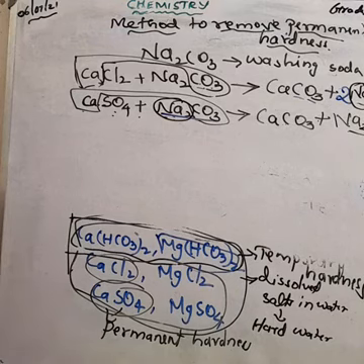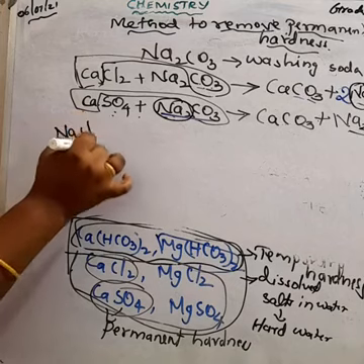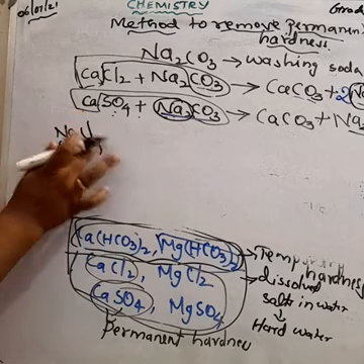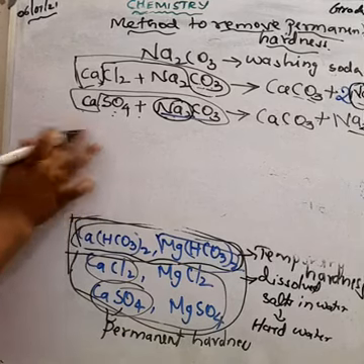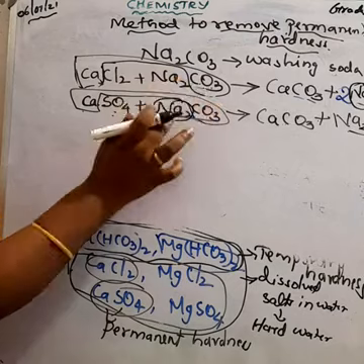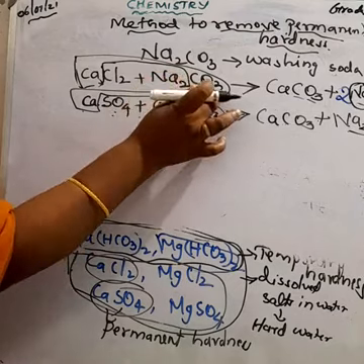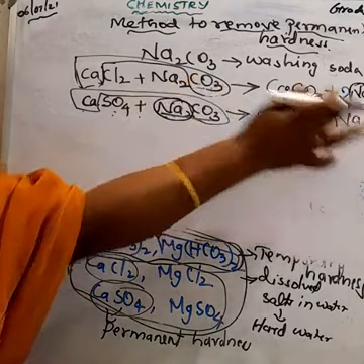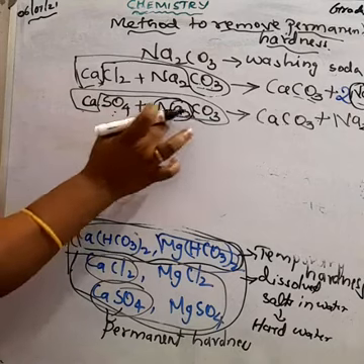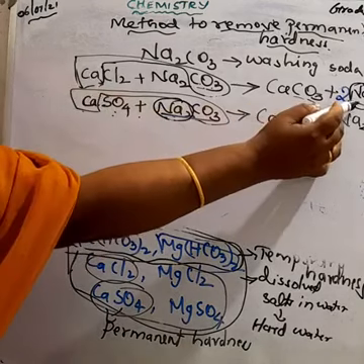The chlorine atom needs only 1 electron, so the sodium atom gives only 1. But with sulfate, the sodium atom should give 2 electrons, so the formula for sodium sulfate is Na2SO4. Like that, sodium carbonate Na2CO3. But when combining with chlorine, the valence of sodium is only 1, so NaCl. Understood?